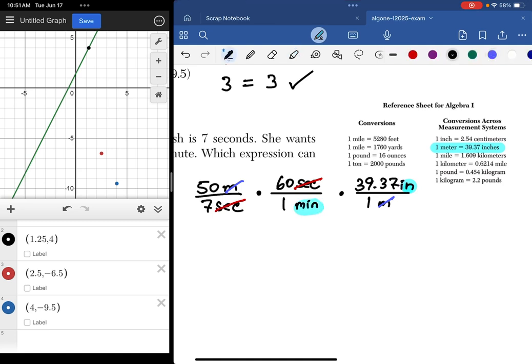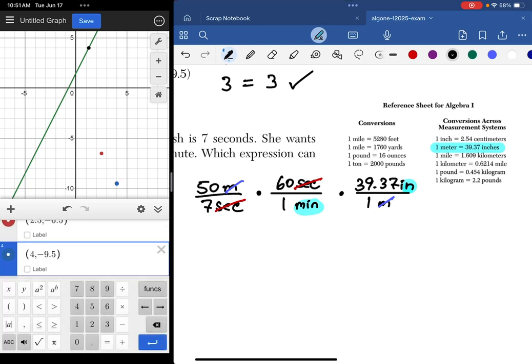So if I wanted to go to the distance here, my next step in the calculator would be to multiply across the top. So 50 times 60 times 39.37. And then on the bottom, I would just have 7 times 1 times 1. So this would be 118,110 inches every 7 minutes.